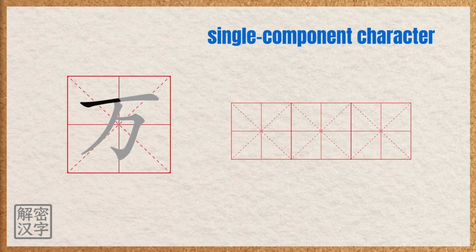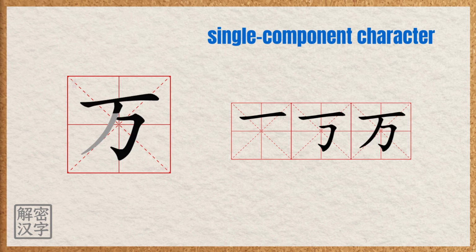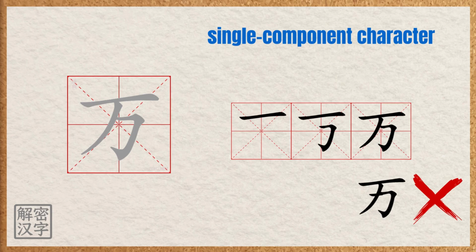First, draw a horizontal stroke at the top of the grid. Next, draw a horizontal turning hook stroke under the horizontal. Finally, from the middle of that horizontal stroke, write a left falling stroke. Remember, the two strokes must not cross. Never write the character like this. Perfect! You write a beautiful character 1.